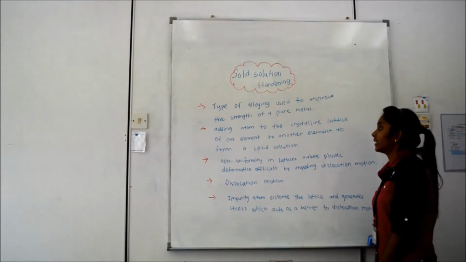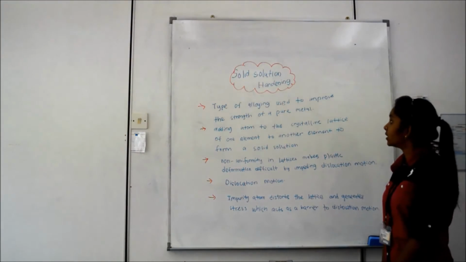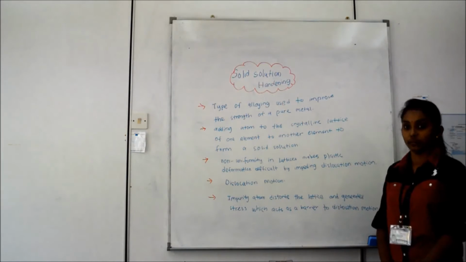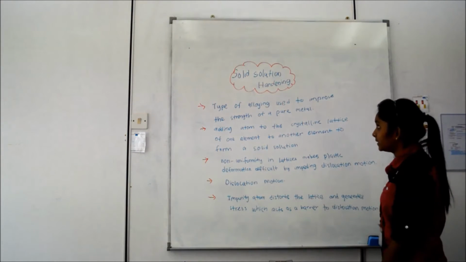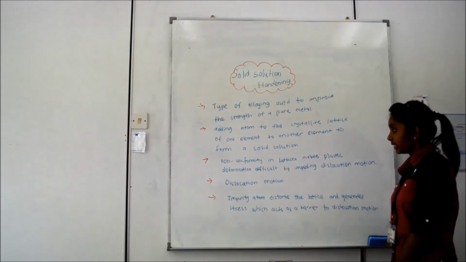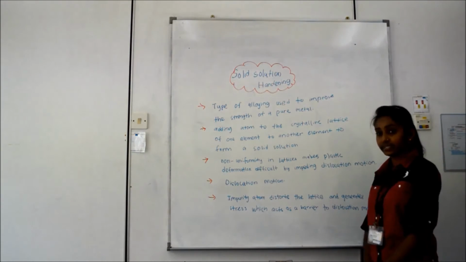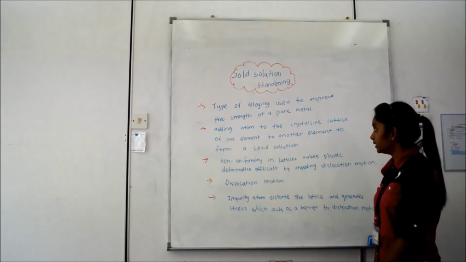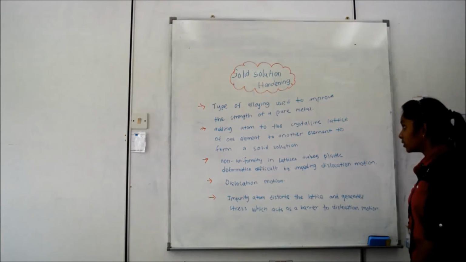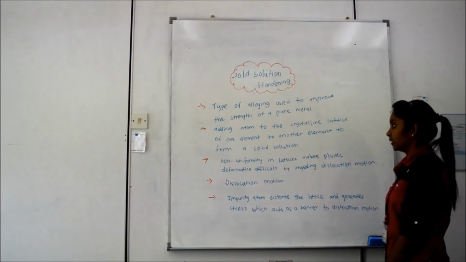Solid solution hardening is a type of alloying used to improve the strength of a pure material. It is a process of adding atoms to the crystalline lattice of one element to another element to form a solid solution.